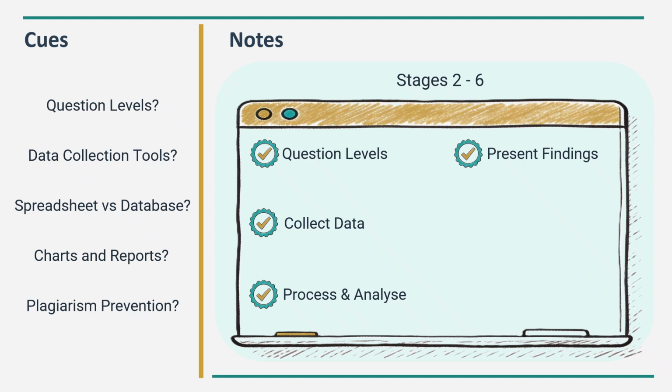In stage 5, you present your findings with the right chart types and a well-structured report, as well as websites. And in stage 6, you reference all your sources using citations and a bibliography, and you make sure to write in your own words to avoid plagiarism. Don't worry, we'll unpack each of these stages in detail in the lessons ahead.